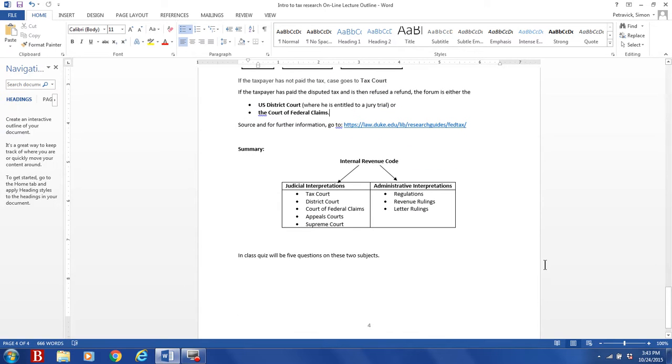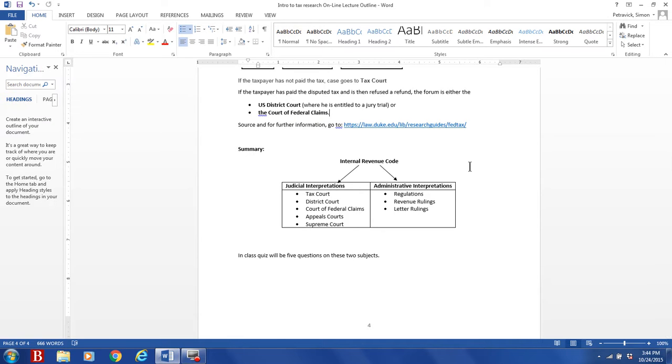So, in summary, the Internal Revenue Code is the primary source of authoritative information about what is income and what can be deducted. That doesn't cover everything.